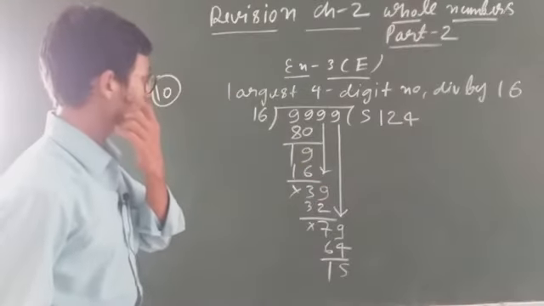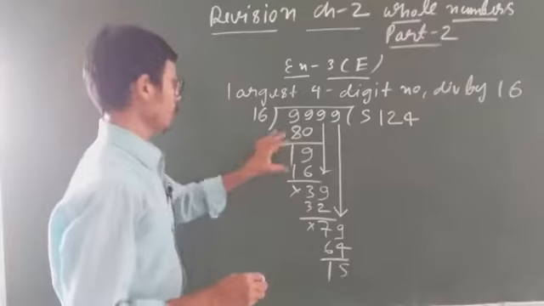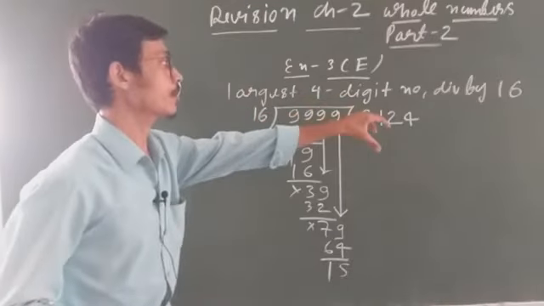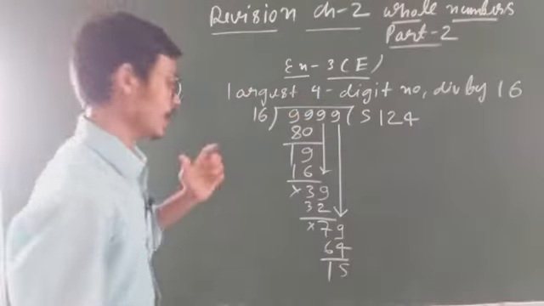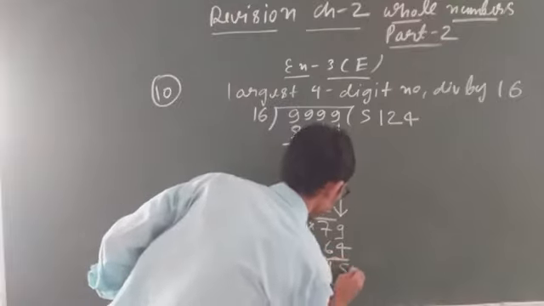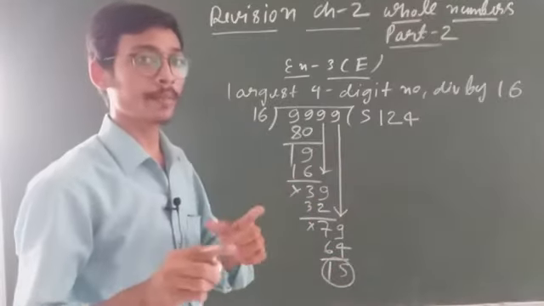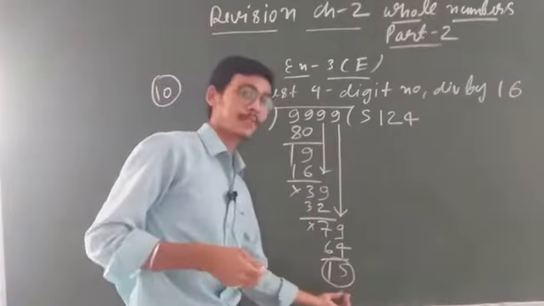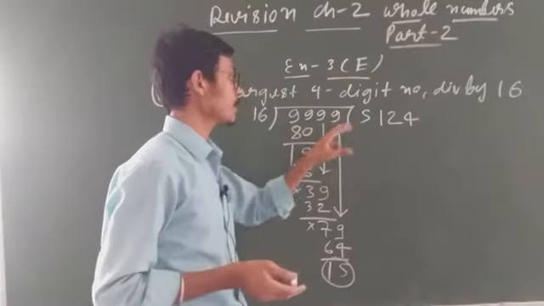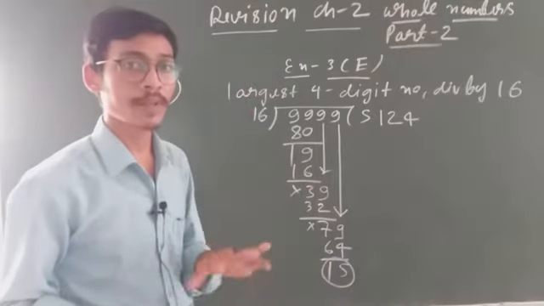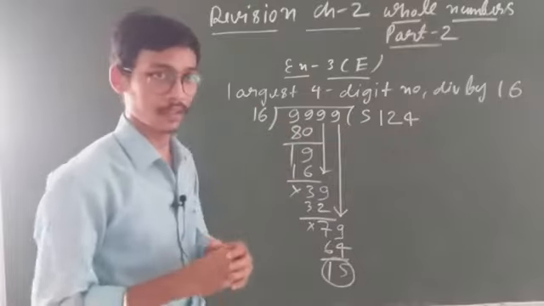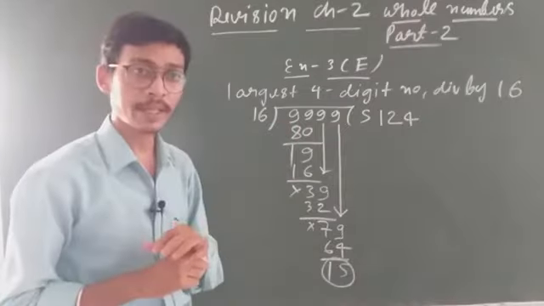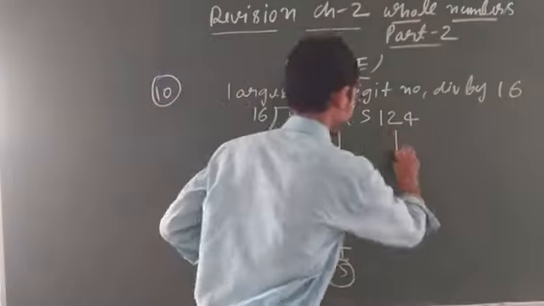Clear, student? Now you know we have to find the largest 4-digit number which is divisible by 16. Here you can see that 15 is the remainder. It means if we reduce this 15, then this number must be divisible by 16.